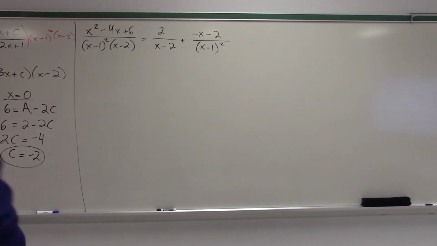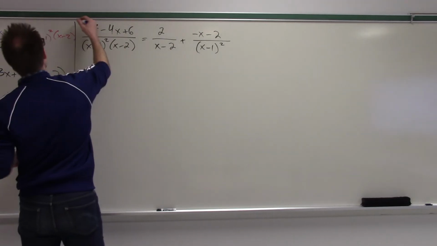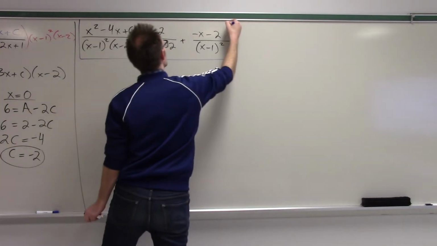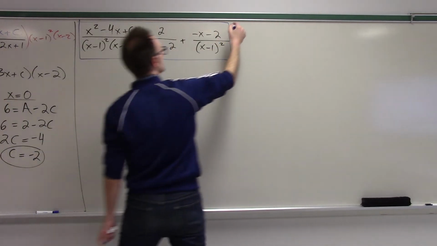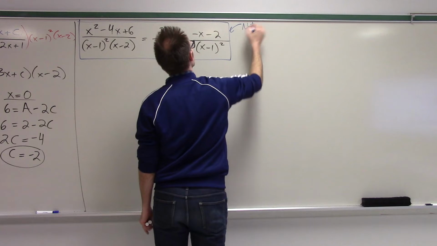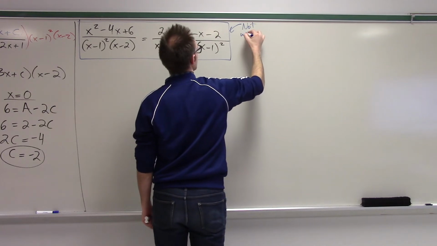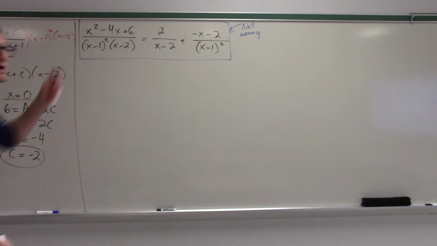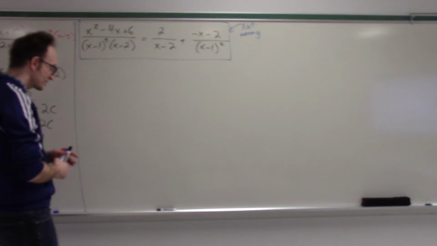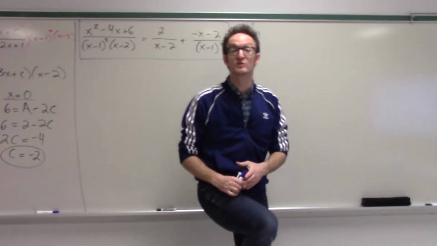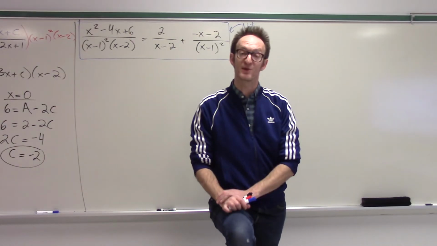But unfortunately, we're not done. And I'm going to put a box around this, and I want to stress that this is not wrong. I'll even go so far as to say this is correct. All the mathematical logic we followed is all legitimate. However, when it comes to actually asking what partial fractions really is, what is the whole point of the method of partial fractions?